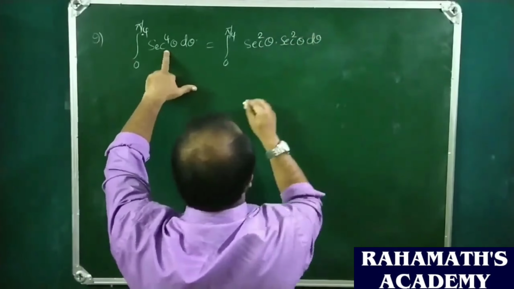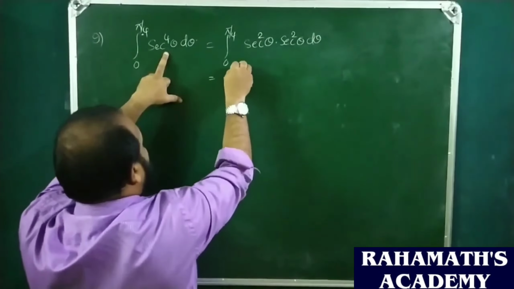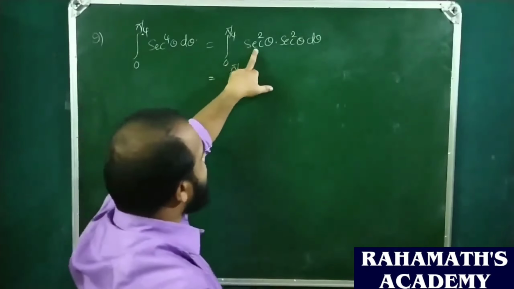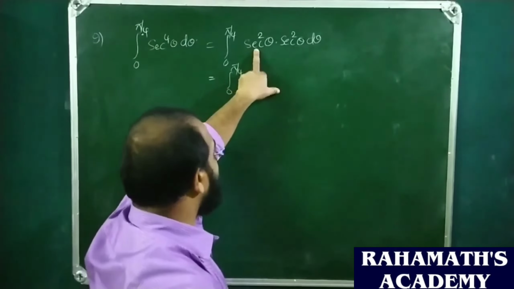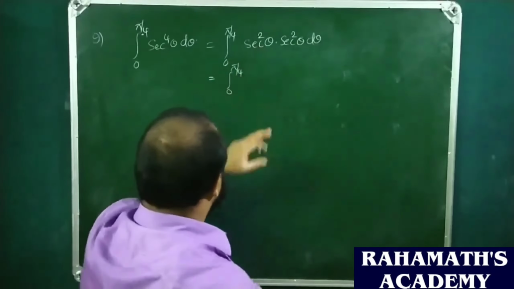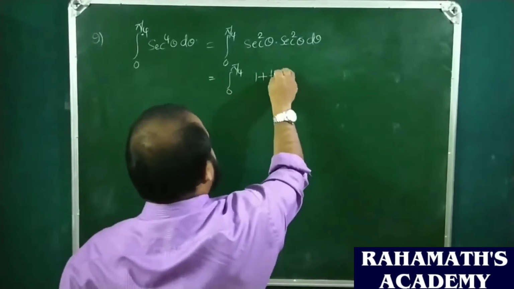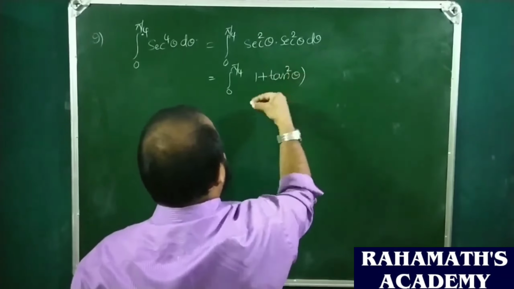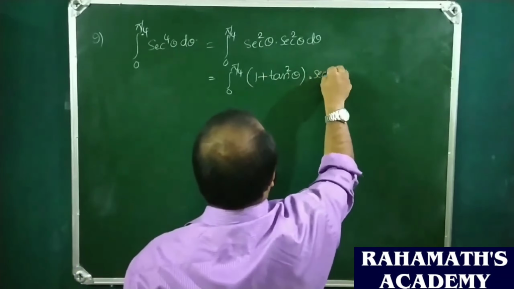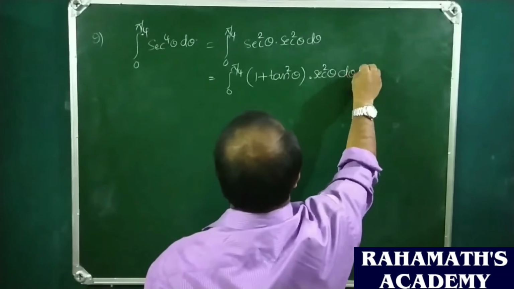Can we write integral 0 to pi by 4, since secant square theta minus tan square theta is equal to 1, secant square theta is 1 plus tan square theta, into secant square theta d theta.